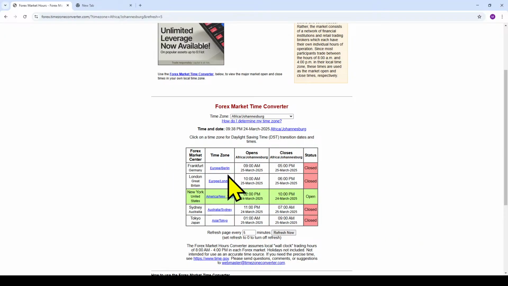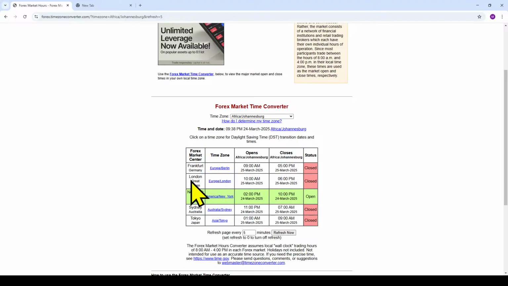In these different sessions, different currencies are more active than others. So, given that there are different sessions, you need to do a little bit of research and check which currencies are available in the trading session that you want to trade.